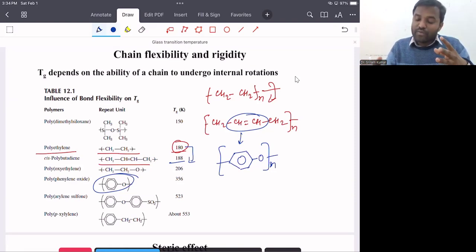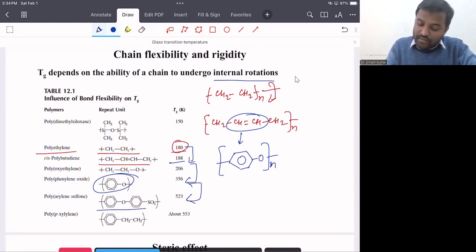If you have this bulky group, there is a decrease in the internal rotation, and because of that there is a huge increase in the glass transition temperature, and that can be further increased by adding more benzene. So this is all about how you are playing with the internal rotation by increasing or decreasing the size of the repeat unit.